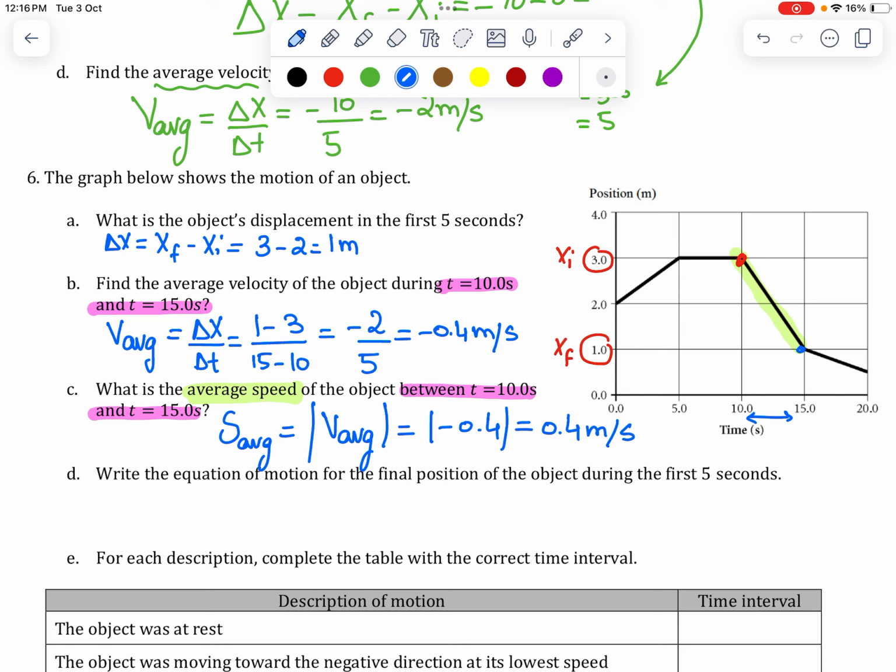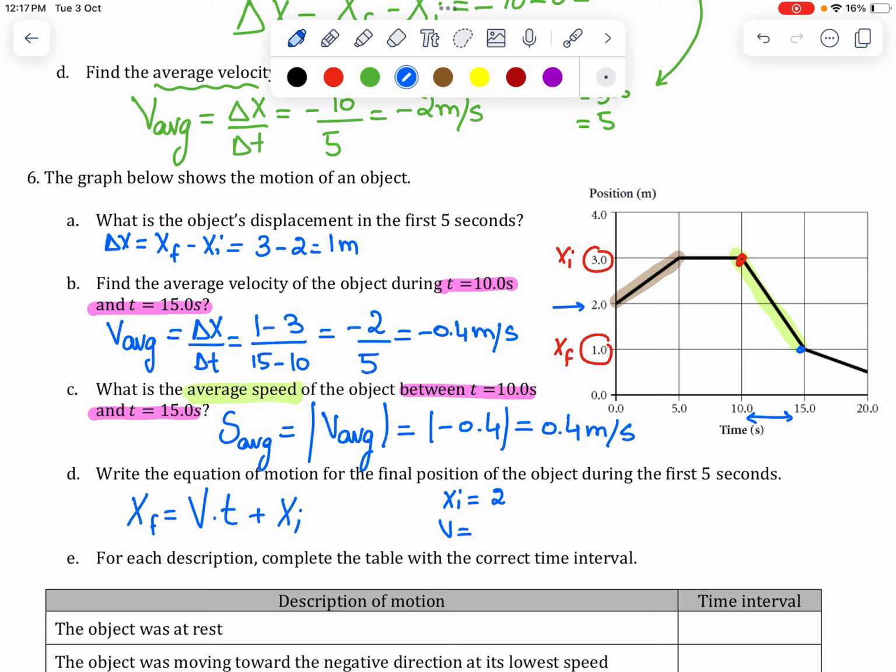Later, write the equation of motion for the final position of the object during the first 5 seconds. For only the first 5 seconds, I'm talking about this time interval: x final equals the velocity multiplied by the time plus x initial. x initial, when it first started, was 2. The velocity I did not find, so let me find it.